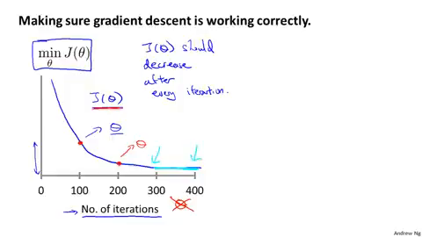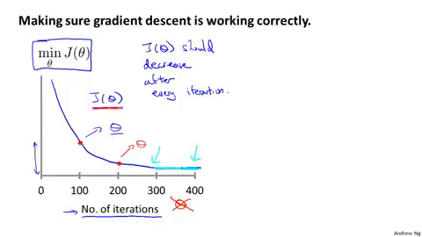So by the time you get to 400 iterations, it looks like this curve has flattened out. And so way out here at 400 iterations, it looks like gradient descent has more or less converged because your cost function isn't going down much more. So looking at this figure can also help you judge whether or not gradient descent has converged.